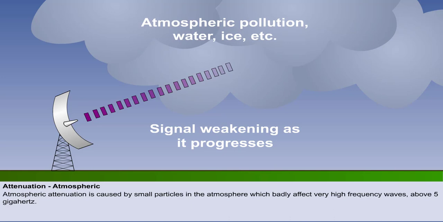You will recall that the wavelength of radio waves in the 2 GHz bands, 3 to 300 GHz, ranges from 10 centimeters down to a millimeter. Water droplets have similar sizes, and that is why they reflect and scatter radio waves.